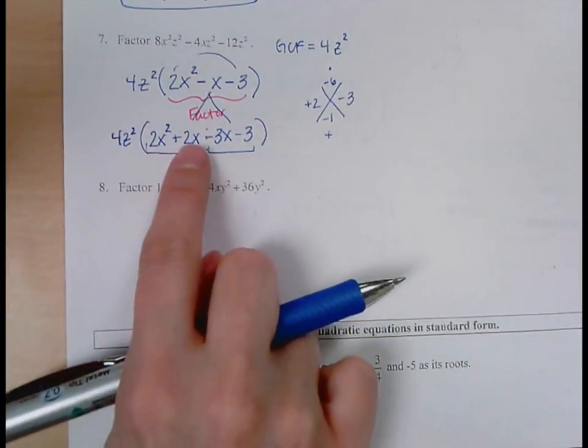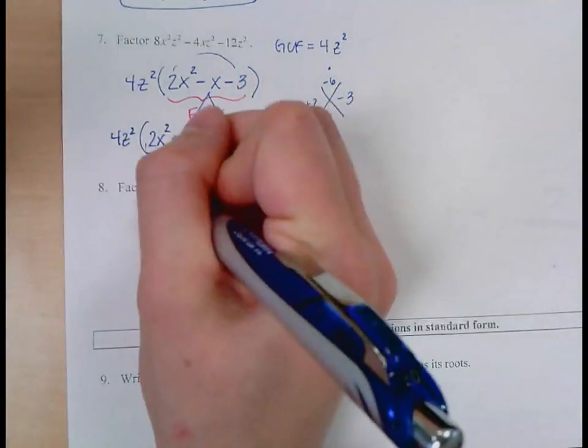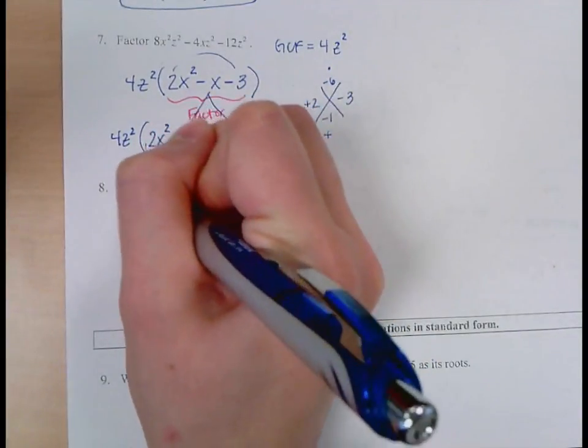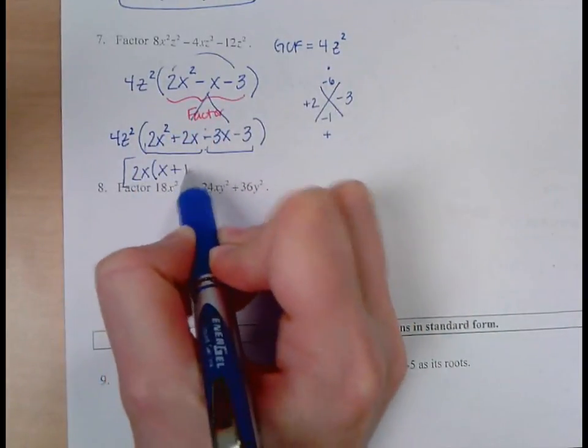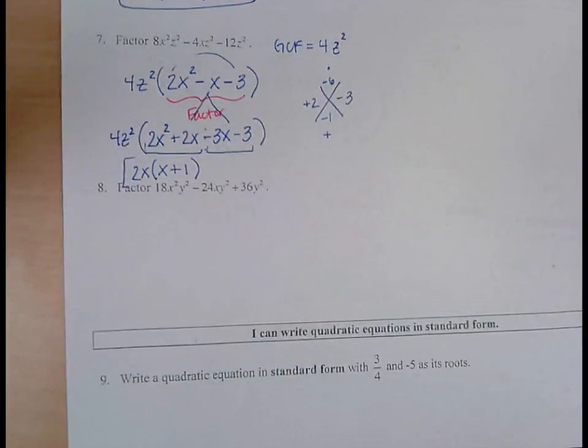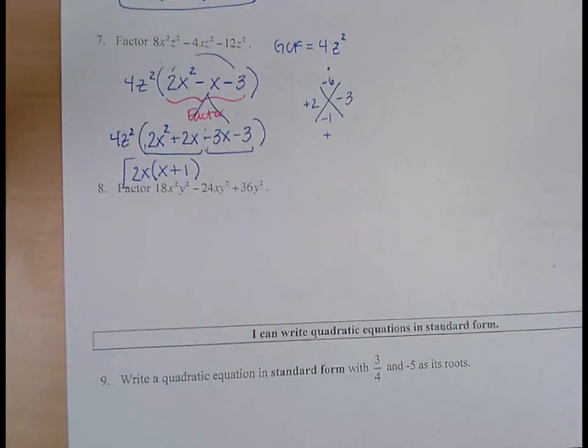But what do 2x squared and 2x have in common? 2x. So if I take that out, I'm left with x plus 1. Make sure if you are dividing 2x by itself, it's 1, not 0. And then what do minus 3x minus 3 have in common?